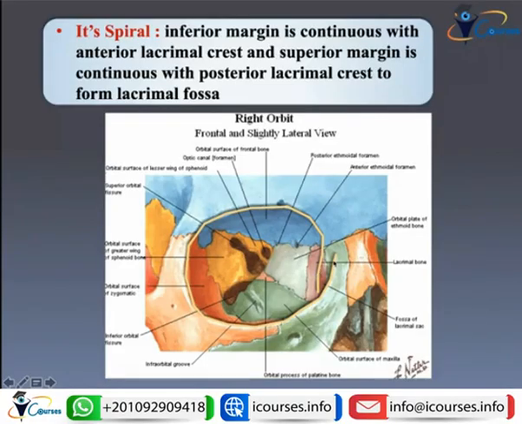The anterior lacrimal crest is part of the frontal process of the maxillary bone, and it is a continuation of the inferior orbital margin. While the posterior lacrimal crest is a part of the lacrimal bone, and it is a continuation of the superior orbital margin. I hope that this is clear, because sometimes this information is asked in the exams.